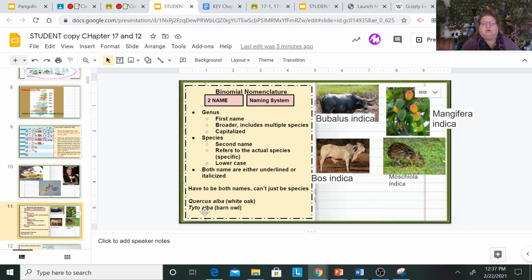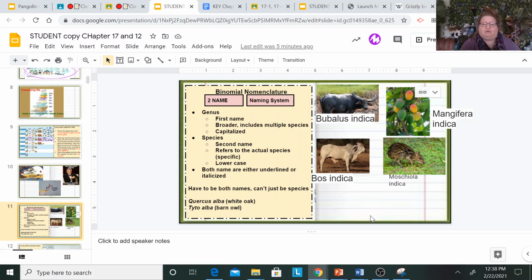Now, Tyto alba would be the barn owl. And so they named the barn owl because it has the white feathers. And so, unfortunately, in this regard, the species name itself is not very helpful. However, if you put Quercus in front of alba, now you know, oh, we're referring to the white oak.